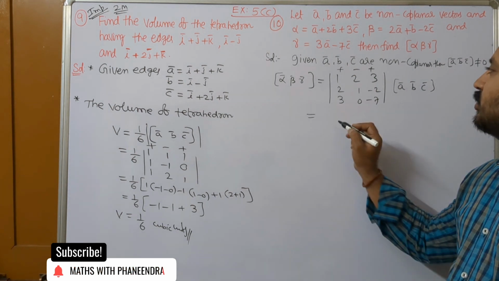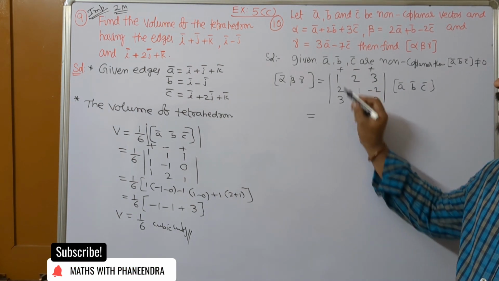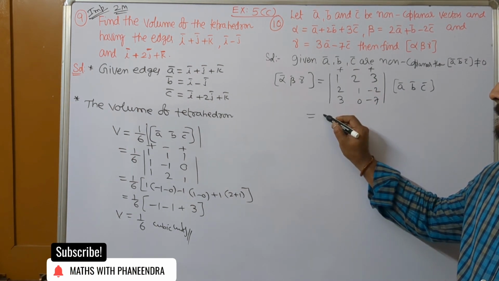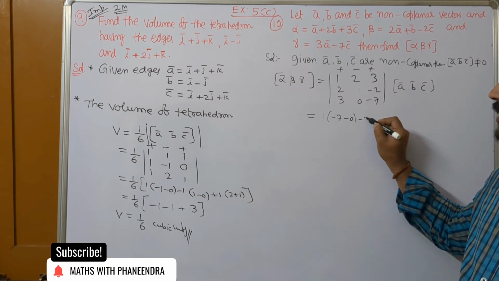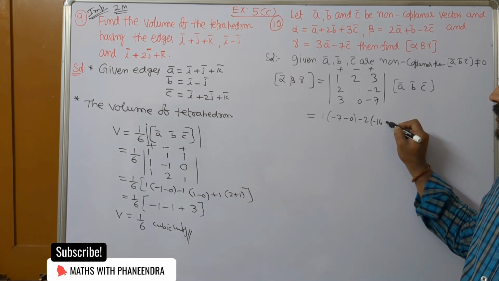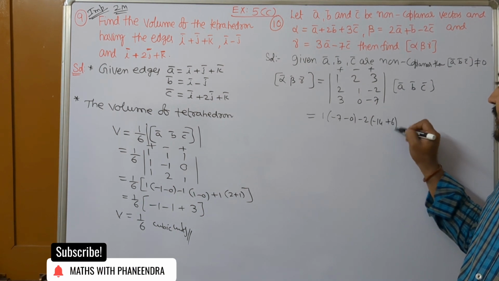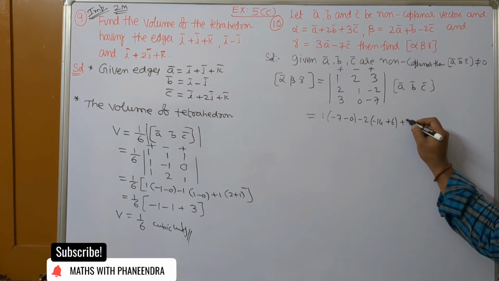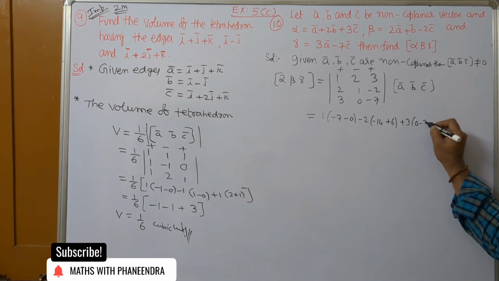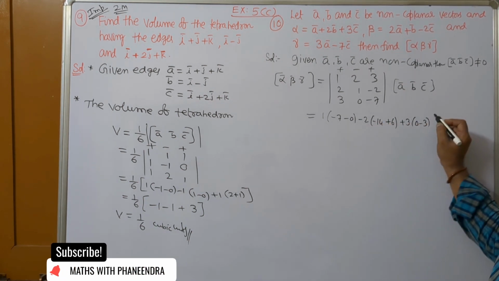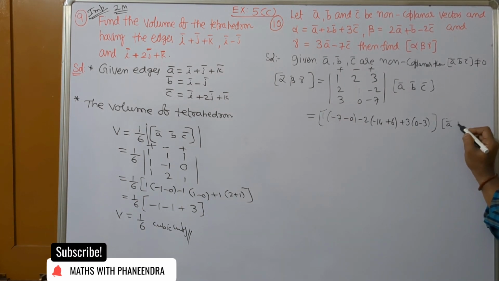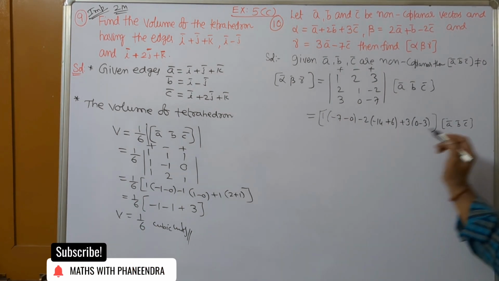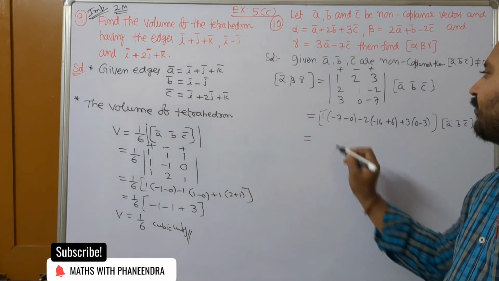So which is equal to 1 into minus 7 minus 0, minus 2 into minus 14 plus 6, plus 3 into 0 minus 3, into box of A bar, B bar, C bar. Anyway, this is not equal to 0.